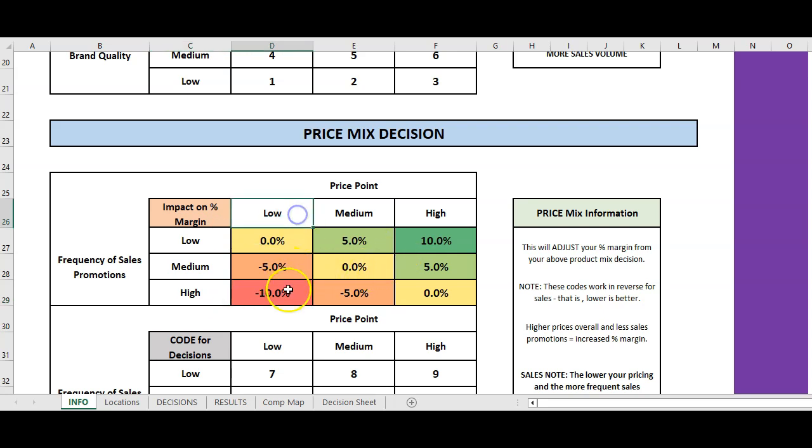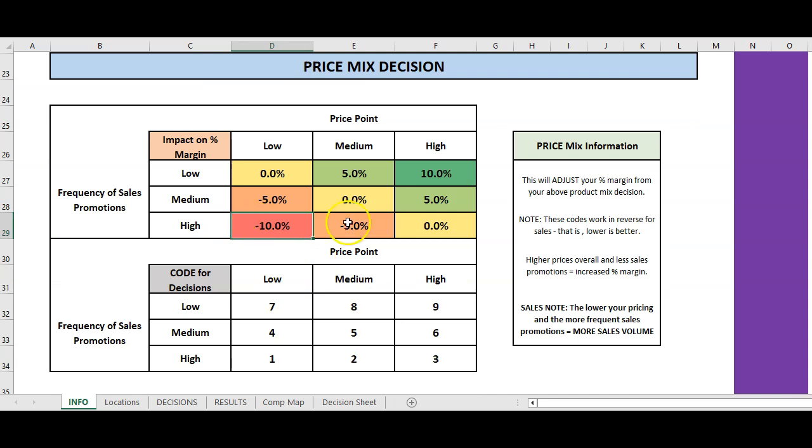If we're going to have low prices and lots of sales promotions, that's going to bring our profit margin per sale down. Each of the 7 marketing mix elements, that top right corner maximizes sales.